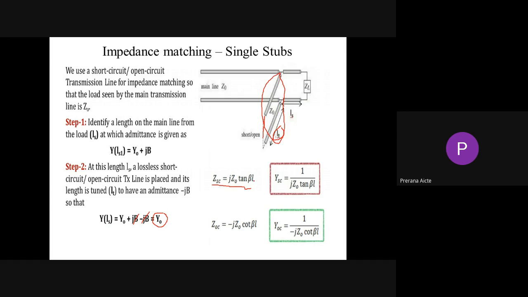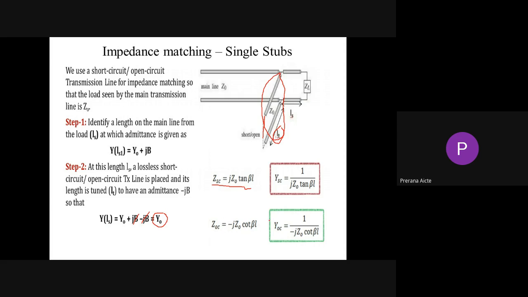Then the corresponding admittance YSC is equal to 1 divided by j Z naught tan beta L. If the stub is an open circuit, ZOC is equal to minus j Z naught cot beta L. Therefore, the corresponding admittance is YOC, that is the open circuit admittance, and ZOC is the open circuit impedance.